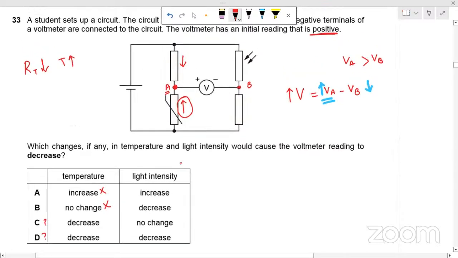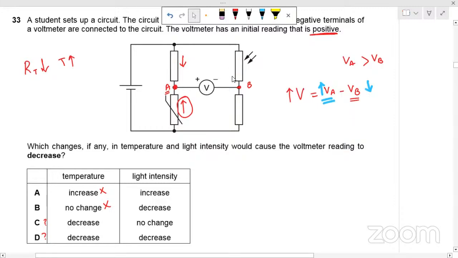And the other thing is, we want to decrease this voltage VB. So this voltage can be decreased by decreasing this resistor or increasing this resistor. We have this resistor as fixed value, so we will decrease this resistor to increase this voltage VB. So this is a light dependent resistance, and its resistance will decrease if the light intensity is increased.